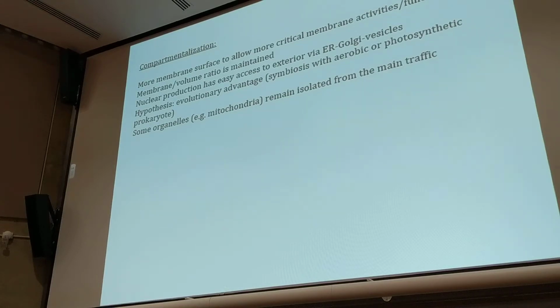The existence of compartments also means that there is easy transport from the nucleus to the exterior of the cell. But some organelles, like the mitochondrion, remain isolated from the main traffic.